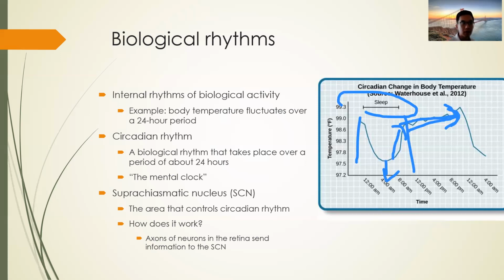And when the environment is so bright, the SCN knows that. So the SCN decides, oh, that's not the time to go to sleep. So that's why people are really wakeful, or they are not sleepy at the daytime.